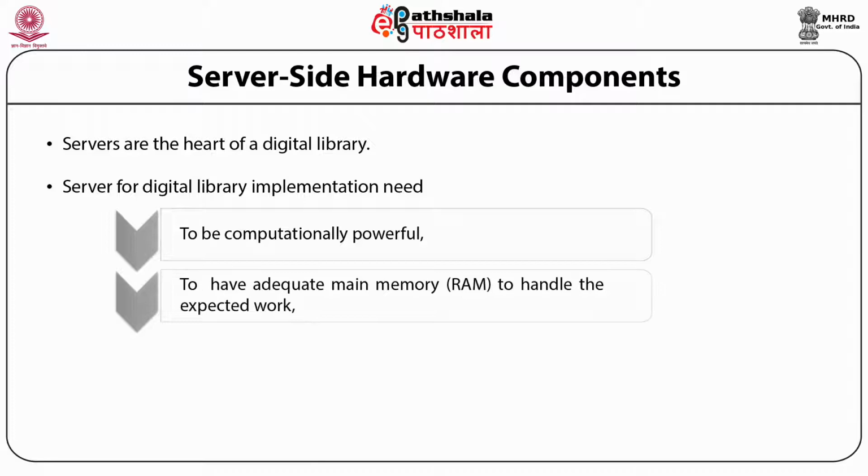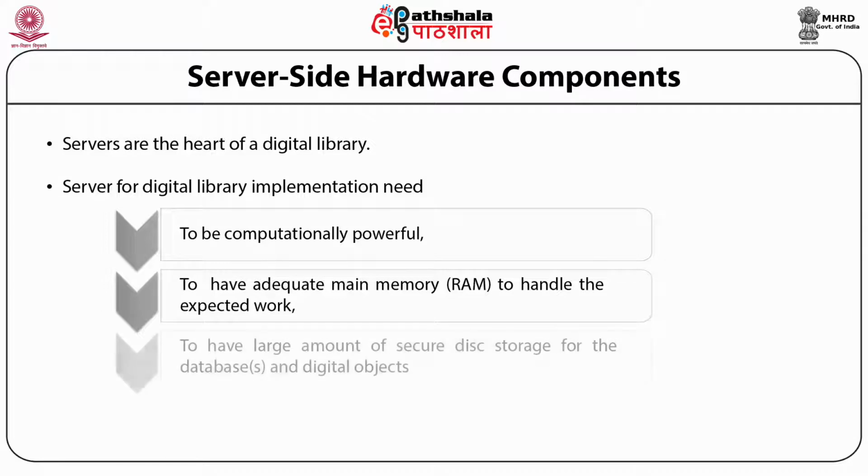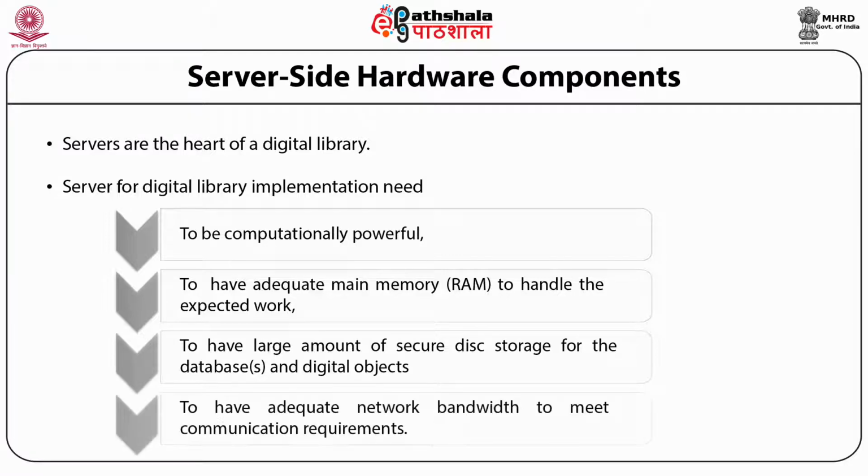Servers should have adequate main memory, that is RAM, to handle the expected work. Servers should have a large amount of secure disk storage for the databases and digital objects. Servers should have adequate network bandwidth to meet the communication requirements, and the architecture should be planned in a way that there are no network choke-ups.